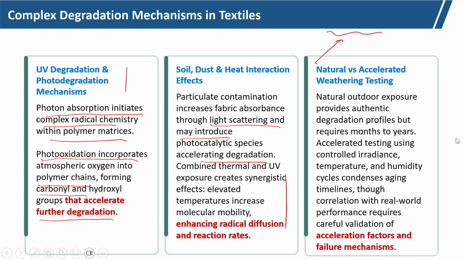There are two types of testing for degradation: natural testing and accelerated weather testing. Natural testing means you keep the clothing outdoors. Natural outdoor exposure provides an authentic degradation profile, which is what will actually happen to the textile material.